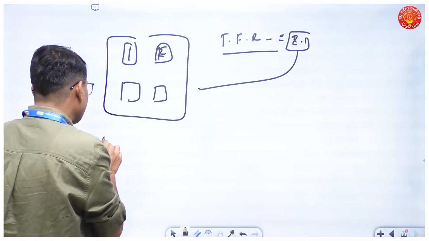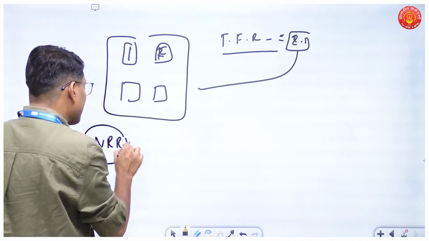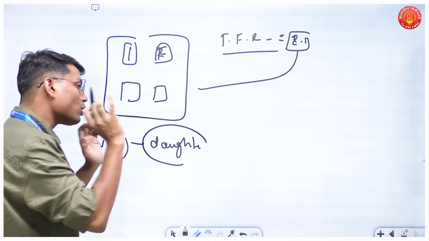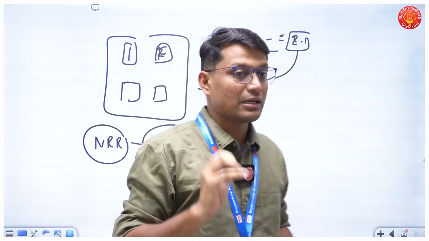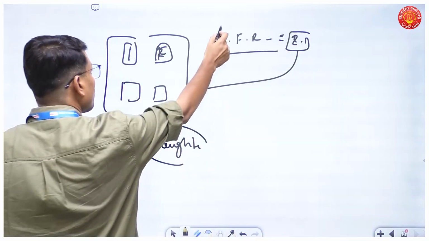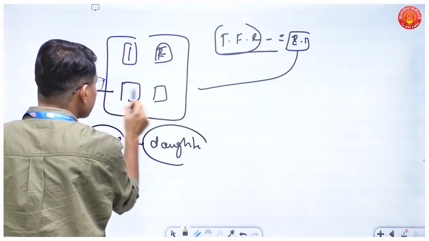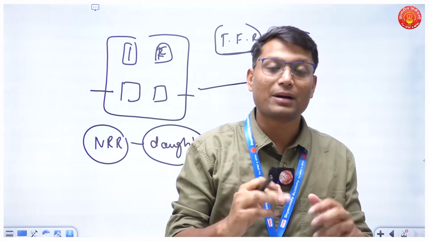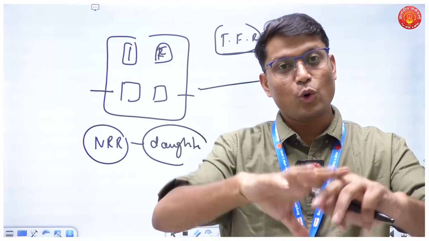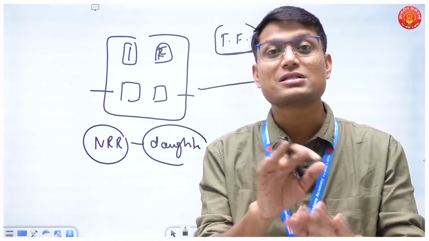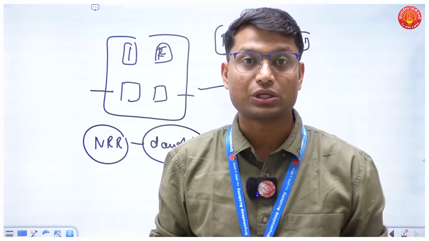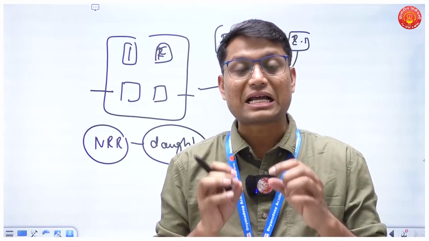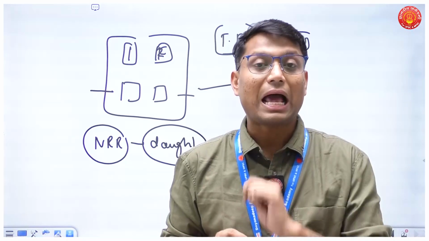Now when it comes to net reproductive rate, we are only considering daughters here. Fine, why are we only considering daughters? The fundamental reason is, let us assume if I go for total fertility rate, I have 2 children born and both of them are male. This is a hypothetical situation. If in a group of population all of the new births are male, what will happen?